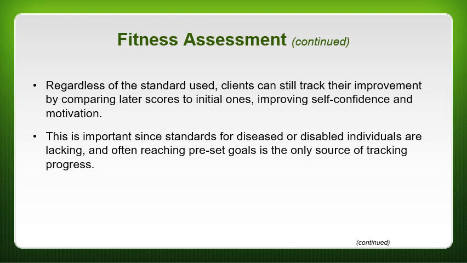Well, for individuals who have a pre-established disease or disability, we don't have as much data on what their minimal standards should be. So this could be the only source of tracking. In other words, as they're going through, an individual in a special population would have this as their only reference point to say, am I improving, or do I still need to continue to work on certain aspects of physical fitness?